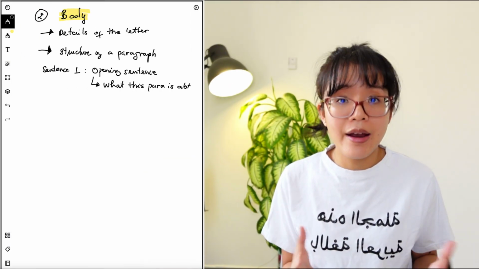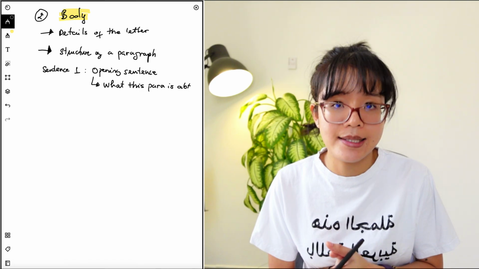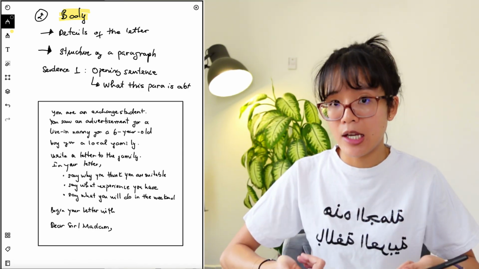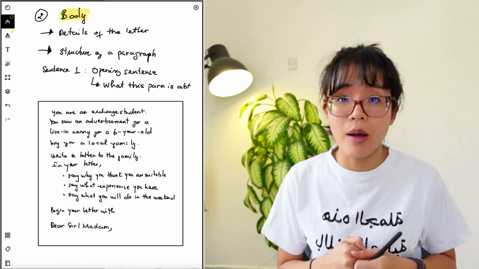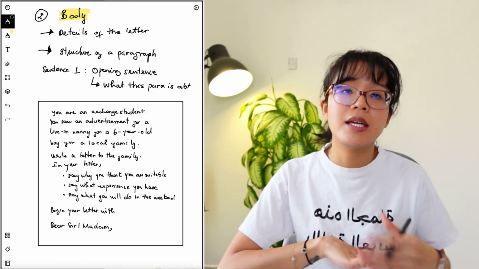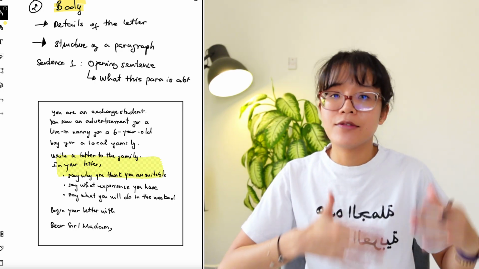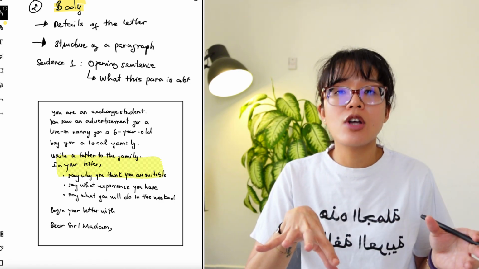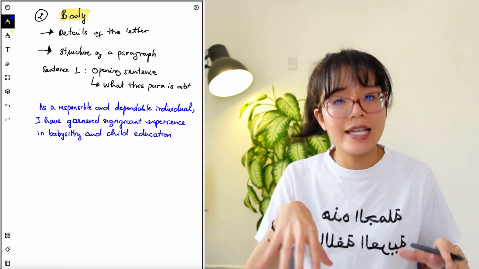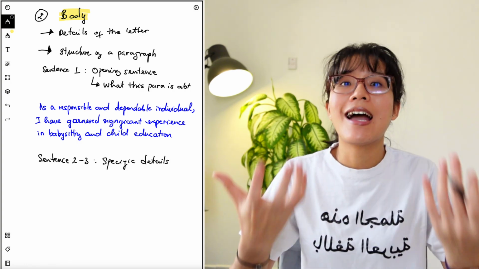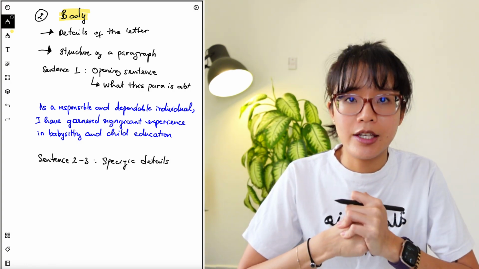Start the paragraph with an opening sentence. For example, in this letter, I have to write a letter of application to apply for this particular job. And the first requirement for me is to tell the recruiter why I am a good candidate for this position. So I will start my body paragraph like this. And after that, of course, I need to prove my points because I already said that I am a good candidate for this position, right?